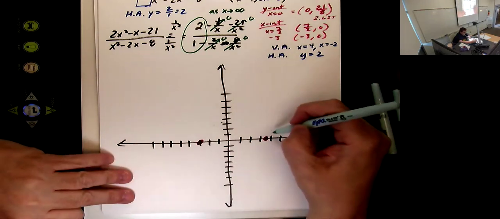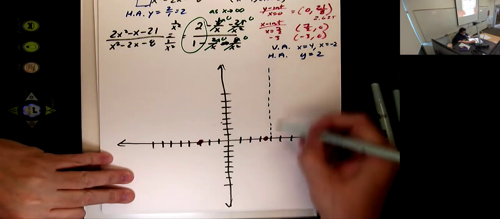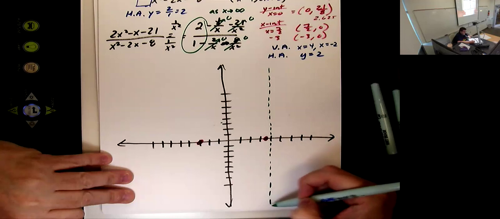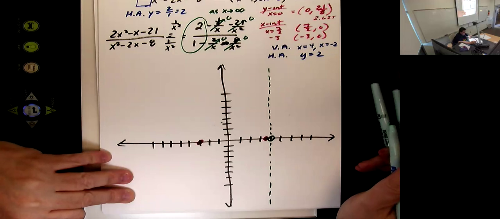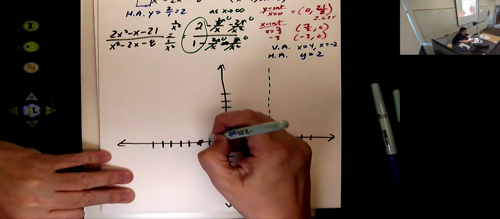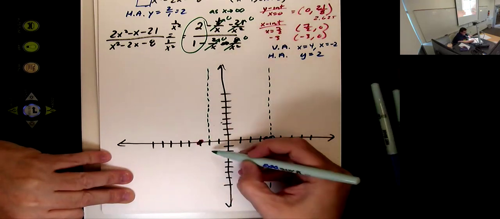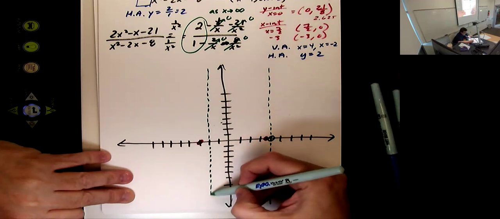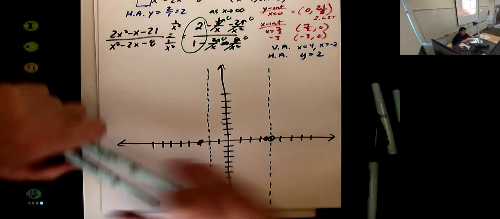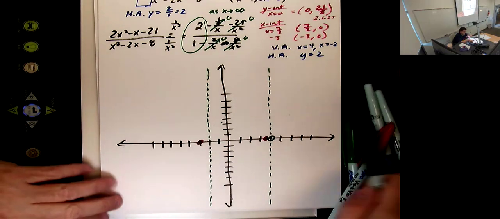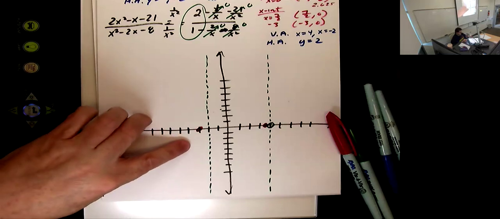We had x = 4 as an asymptote, so that's like a circle point right there, and x = -2 was an asymptote.